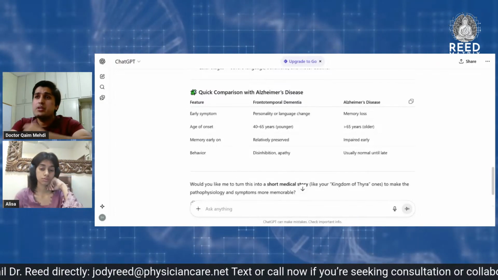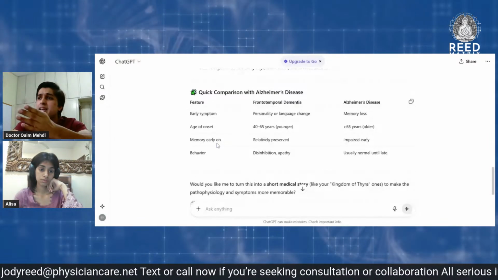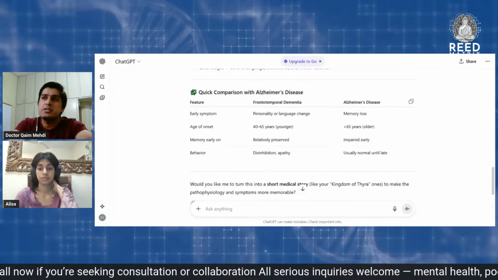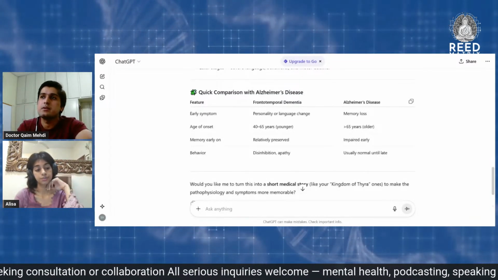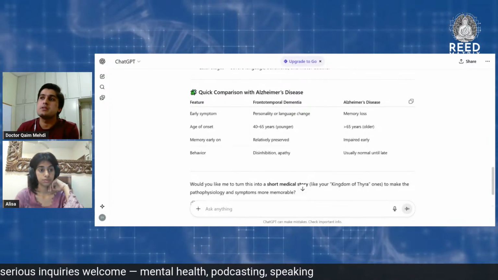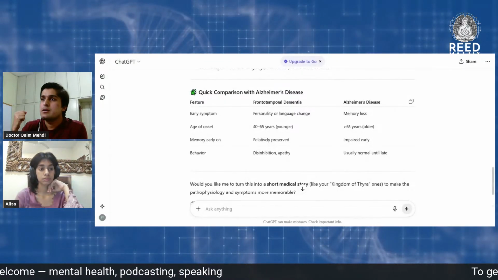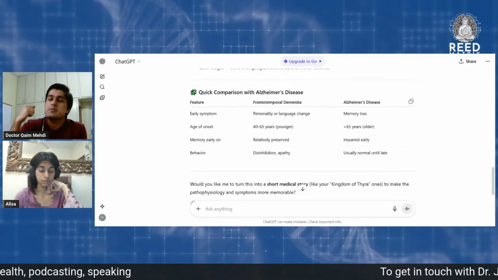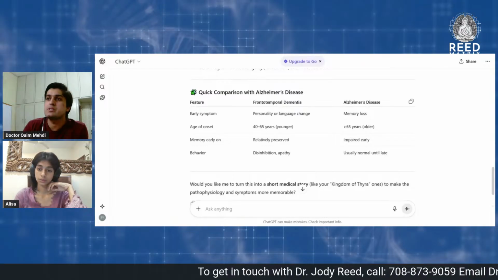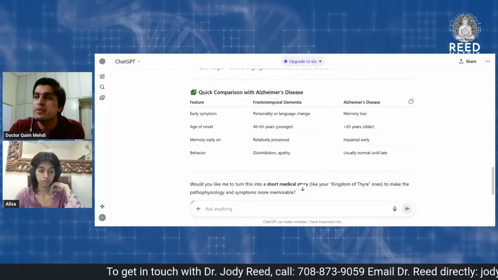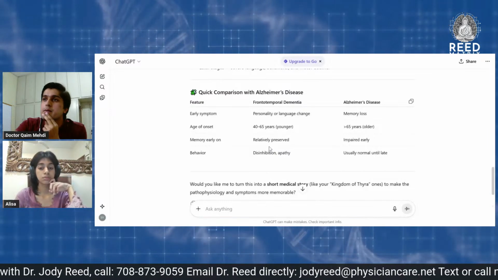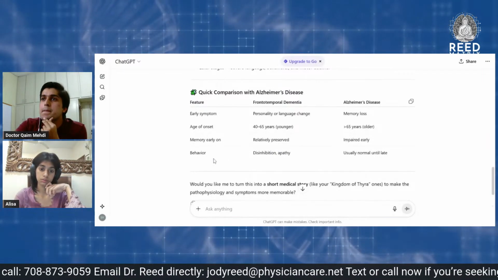We talked about memory: in Alzheimer's it is impaired early, while in frontotemporal dementia it is relatively preserved. It is not preserved totally; it is relatively preserved. In Alzheimer's disease it gets worse with time, but in frontotemporal dementia it is relatively preserved, and we do not face so much difficulty regarding memorizing things.